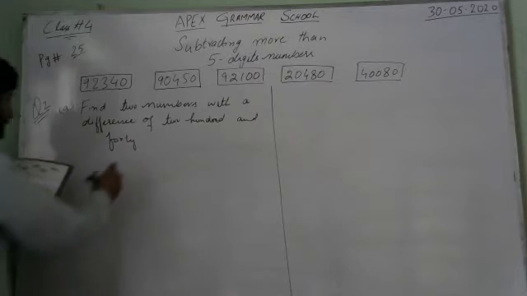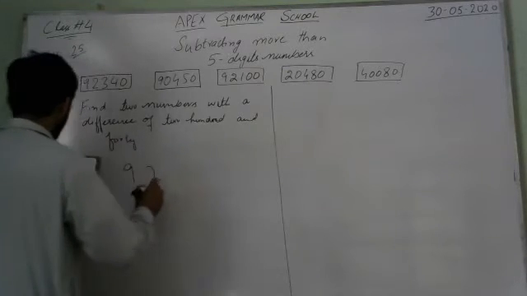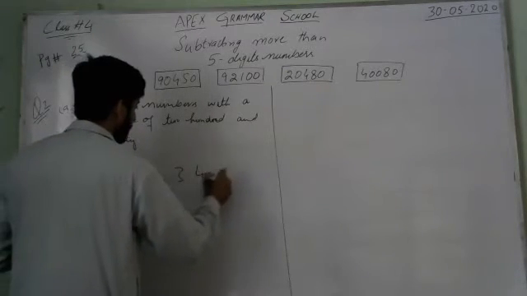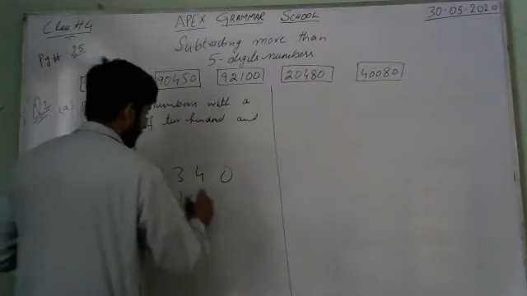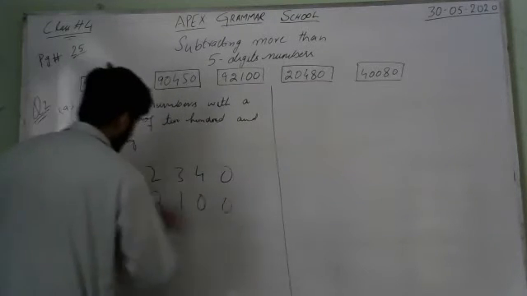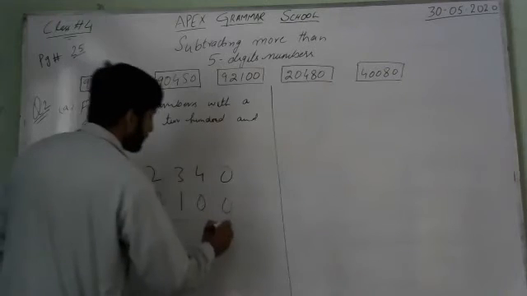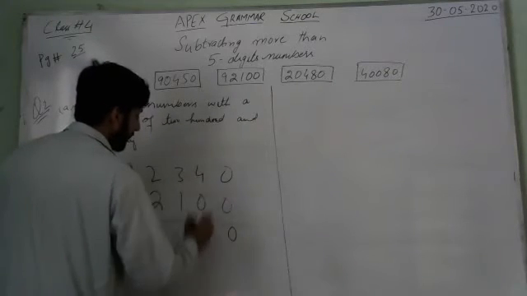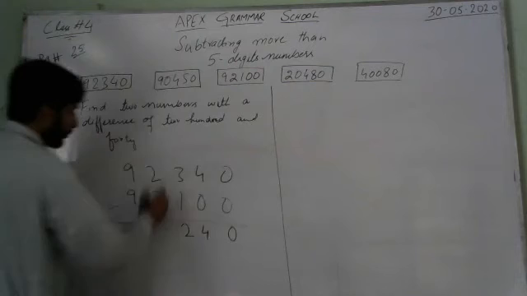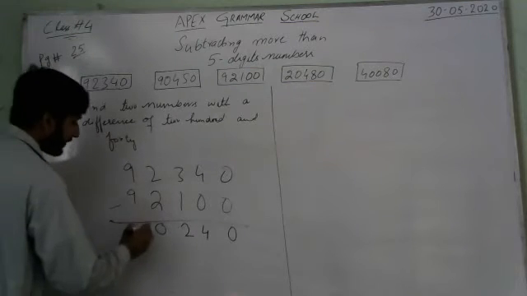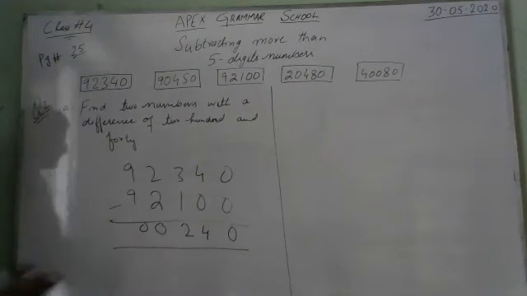So the numbers are 92340 and the next number is 92100. When we subtract these two numbers, the remainder is 240. 4 minus 0 is 4, 3 minus 1 is 2, 2 minus 2 is 0, 9 minus 9 is 0. These are the two numbers which have a difference of 240.